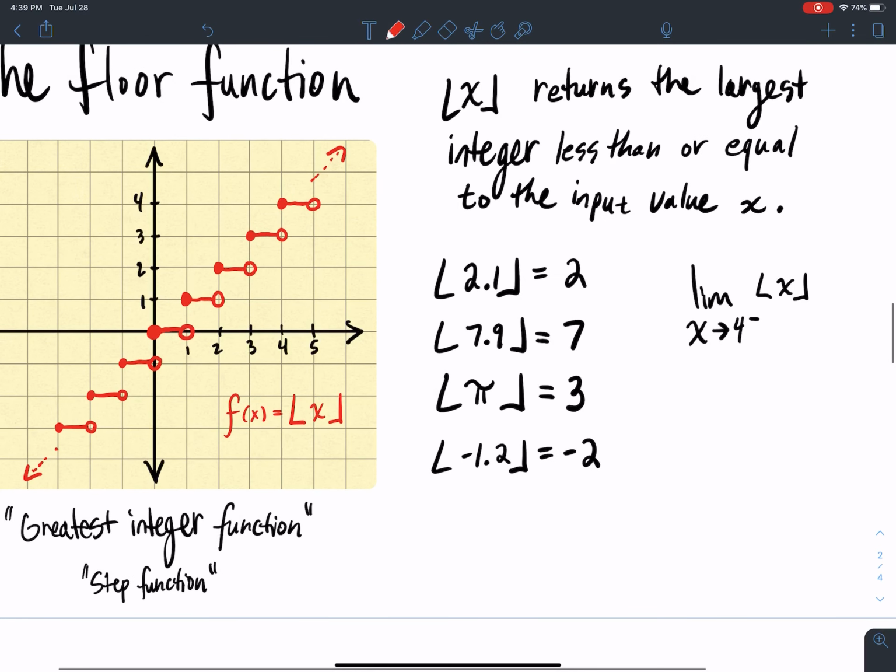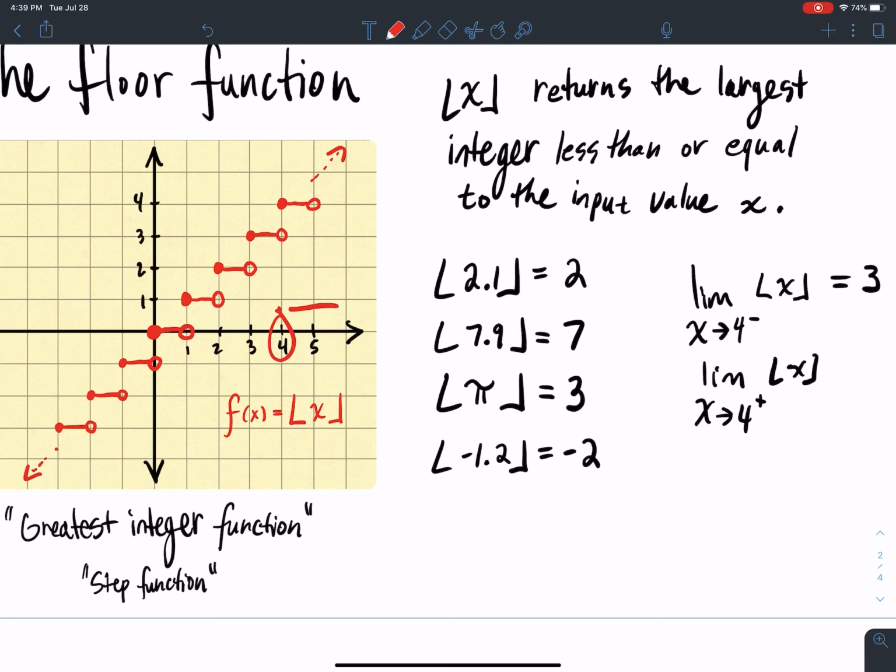Now, let's take a limit. The limit as x approaches 4 from the left. Here's 4. Coming in from the left, we're always going to be on this 3 level, so that's 3. And then x approaches 4 from the right.